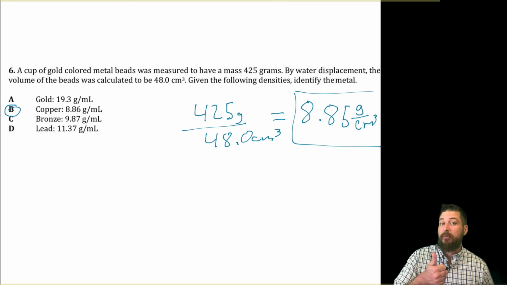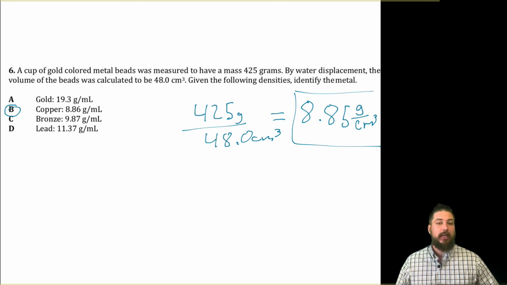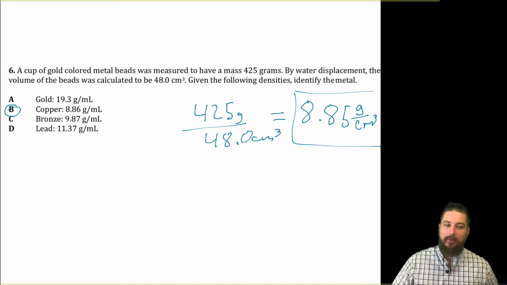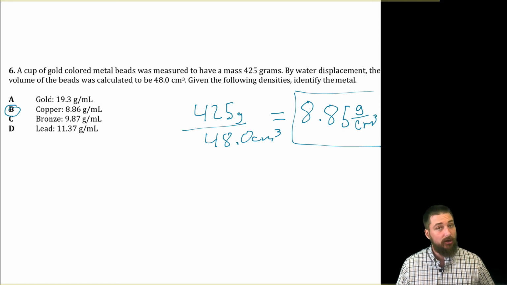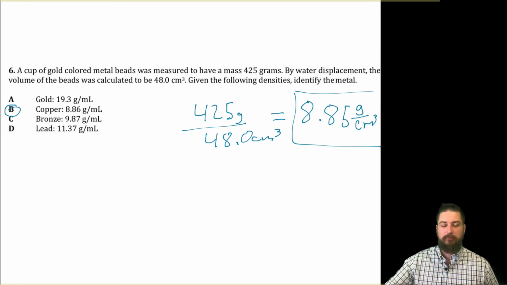First, our measurements maybe weren't as accurate as they could have been. And that is just going to come with any sort of measurements that we make. The instruments we use aren't going to be exactly perfect. We can try as hard as we can to get them exactly perfect, but there's going to be some amount of error involved. The second thing is maybe the copper itself was not entirely pure, which we're going to talk about, classification of matter, in the next notes.